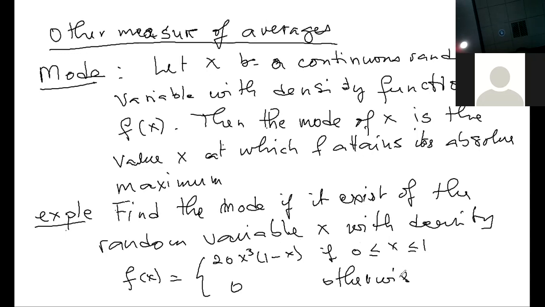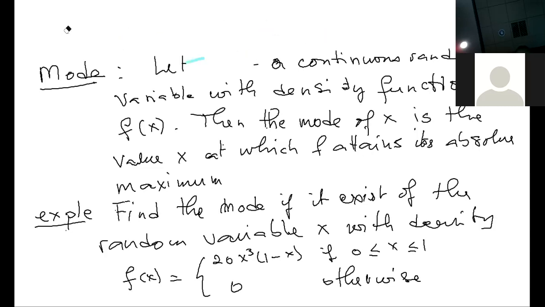We have a function with this density. And we want to find the mode.